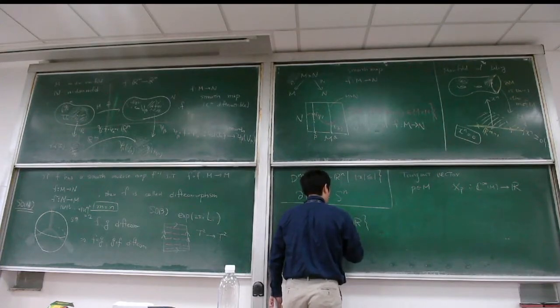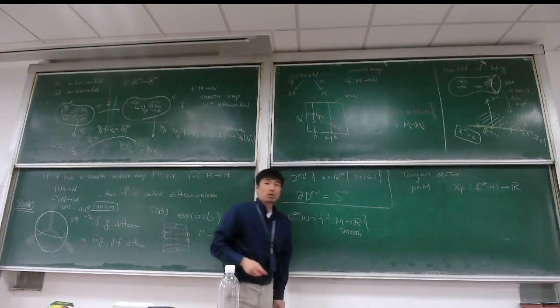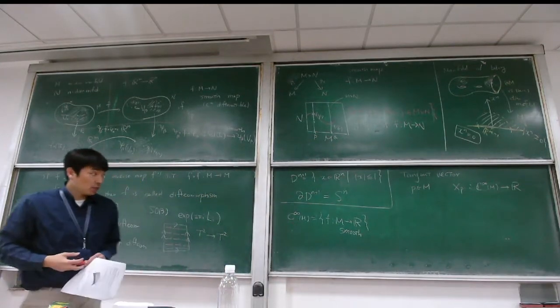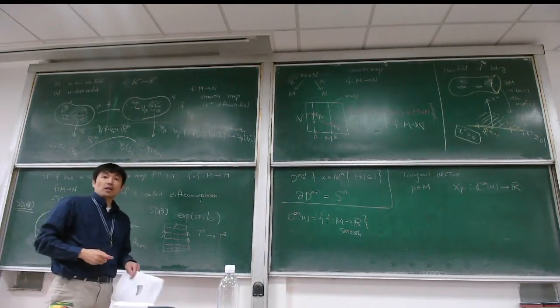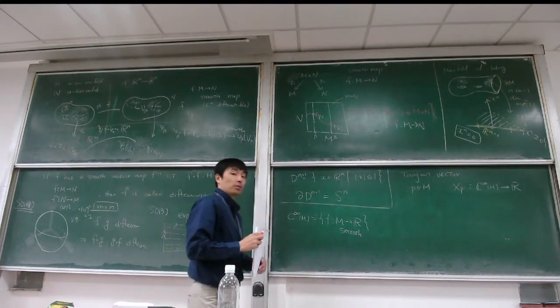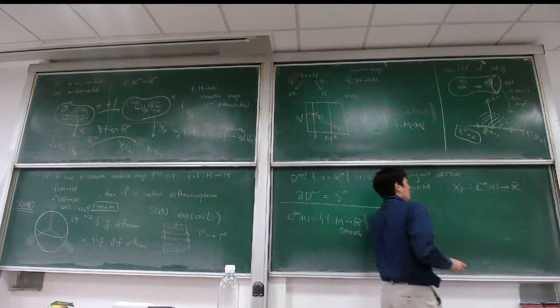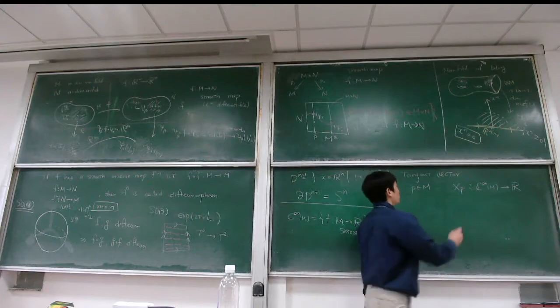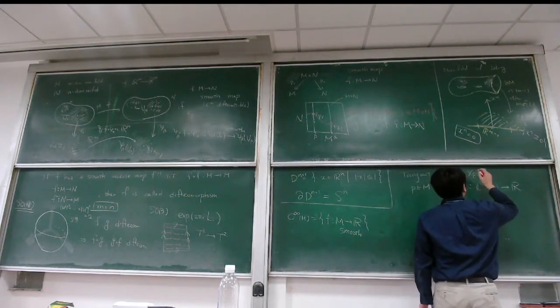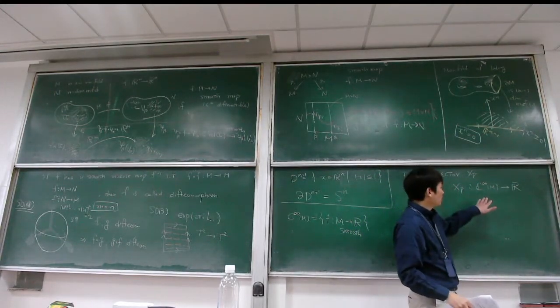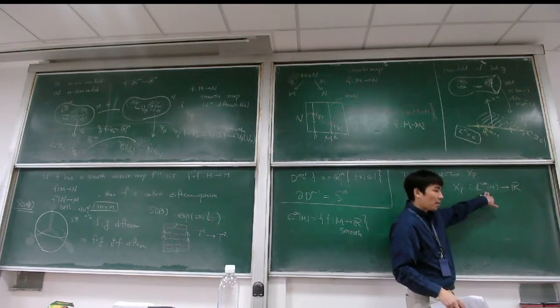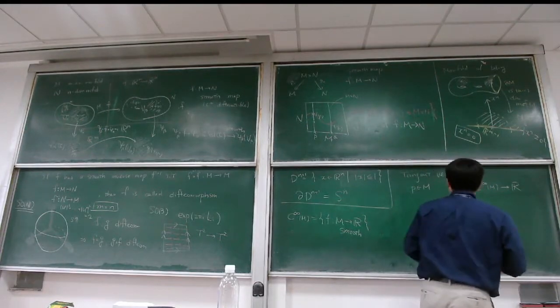Smooth. So this is the notation I'm going to use. C infinity of M is the set of all smooth maps. And then the tangent vector Xp is a map from smooth maps to R. I'm going to explain what it means.